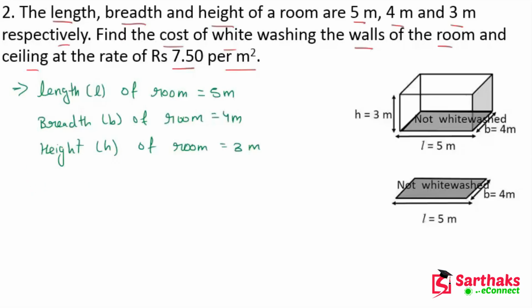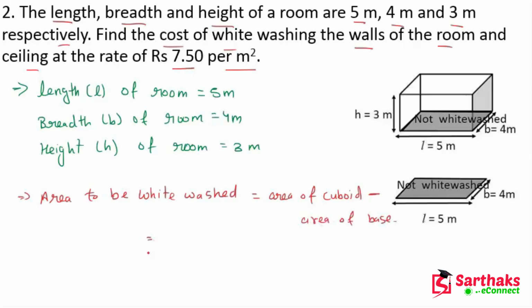Okay, understand? So we have to whitewash the 4 walls and the ceiling of the room. So the area to be whitewashed is equal to area of cuboid minus area of base.